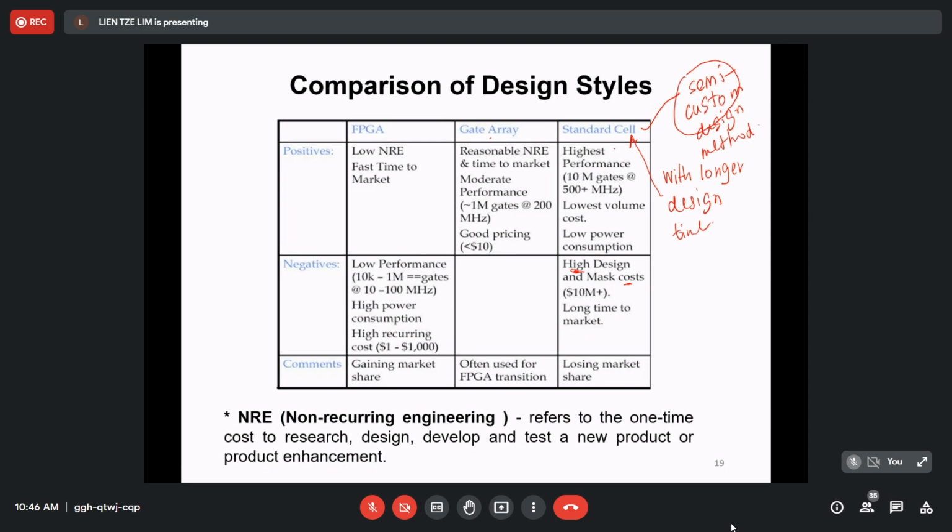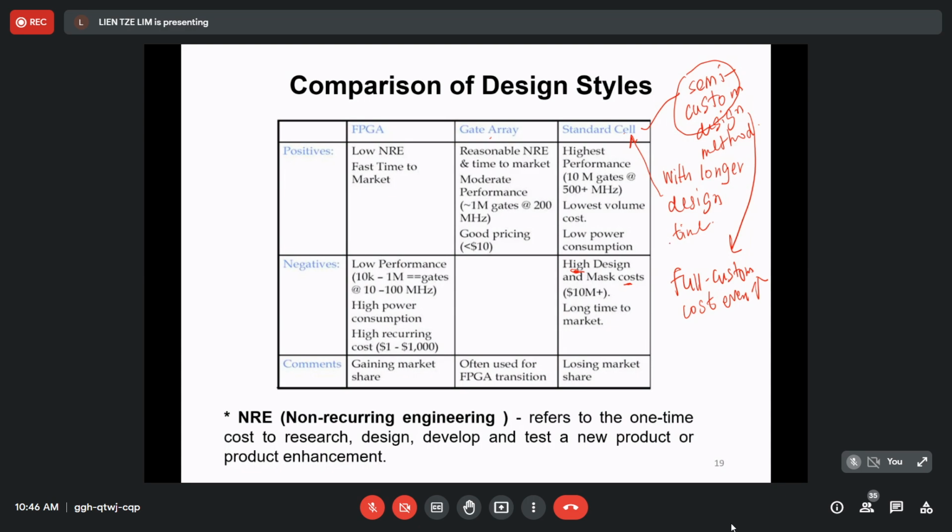If we compare these standard cells with full custom, then the costs are even higher. And the design time for full custom is also very long compared to standard cells.